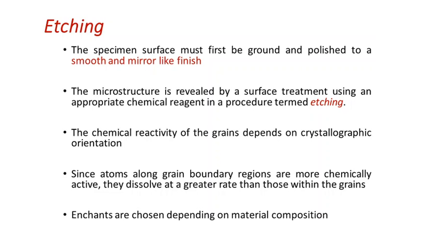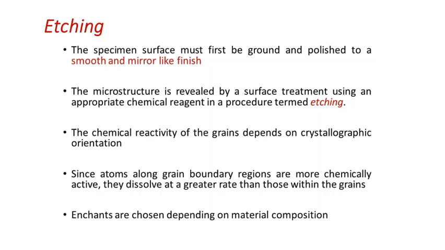So if you are giving a chemical attack at the grain boundary, those particular regions where the high surface reactivity has taken place will change in color, or there will be a color contrast at the grain boundary which can be easily observed under the microscope. So we can easily understand how the grains are arranged, what the grain orientation is, or if we want to measure the grain size we can easily measure it if we have an etched sample.